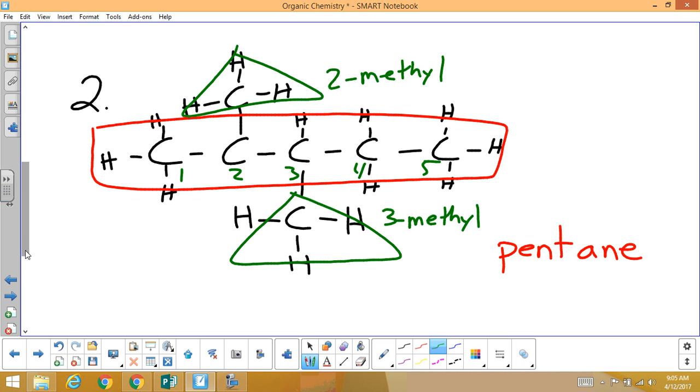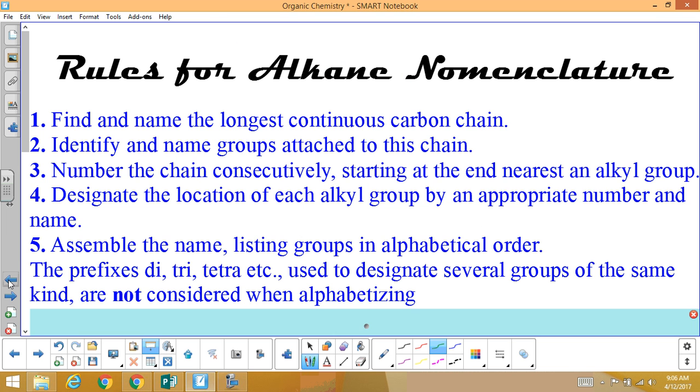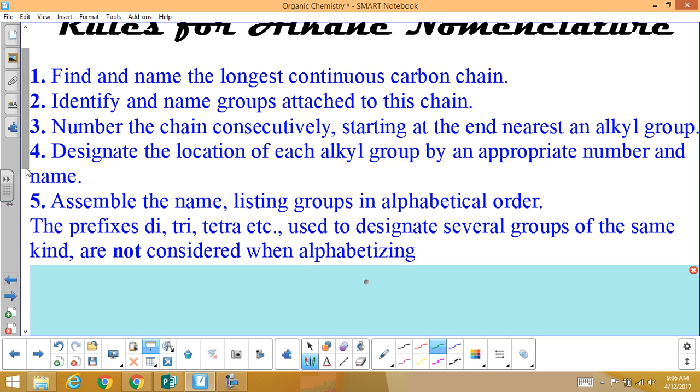But that's just going too long. So in the cases of being more than one methyl group or butyl group or any type of group, if there's more than one of the same group, we can use prefixes. That's what Rule 5 is referring to. The prefixes di, tri, tetra are used to designate several groups of the same kind, but are not considered in alphabetizing.